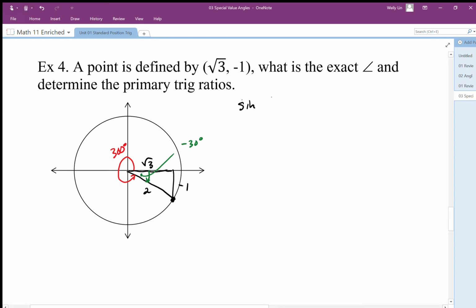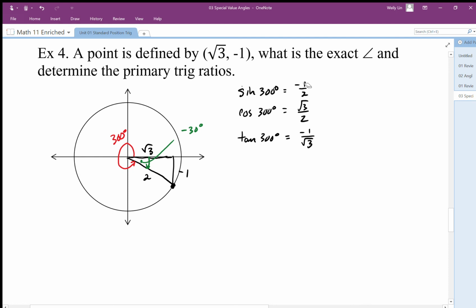Sine of 300 degrees is going to work out to be negative 1 over 2, short side vertical. Cosine of 300 degrees is long side horizontal, and it's in the positive direction. And then the slope of 300 degrees is going to be negative, negative 1 over root 3. Again, we were able to use exact value ratios and exact value angles because we did not have to rely on the calculator here. So these ones need to be done without a calculator.